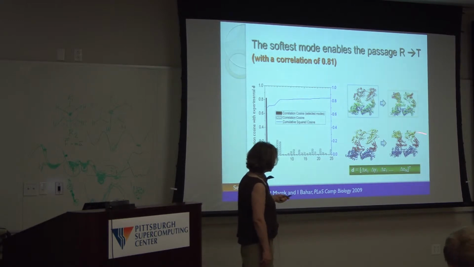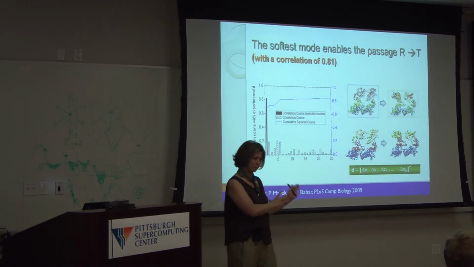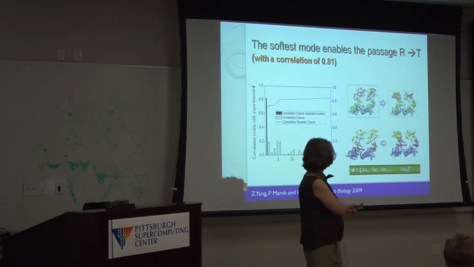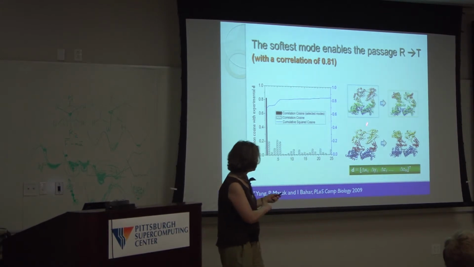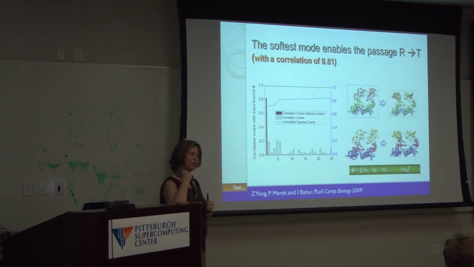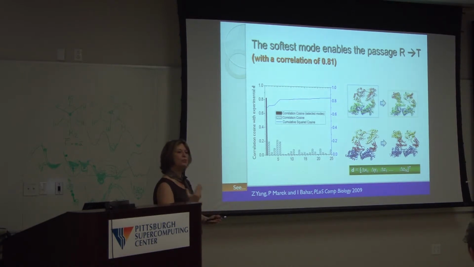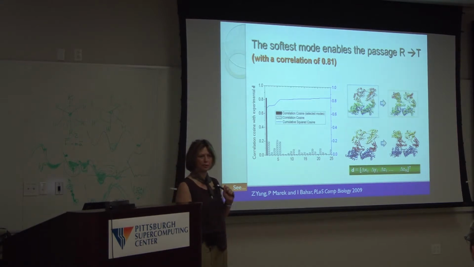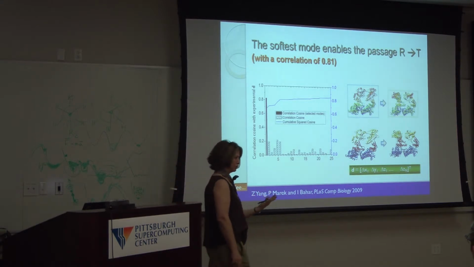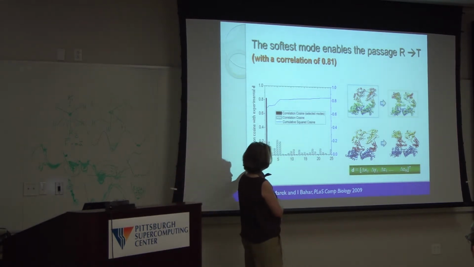Whatever the change taking place in this particular case, we're not always so lucky, but this is a good example, where the change in the structure is essentially nothing else than a movement of the molecule along the softest mode accessible.